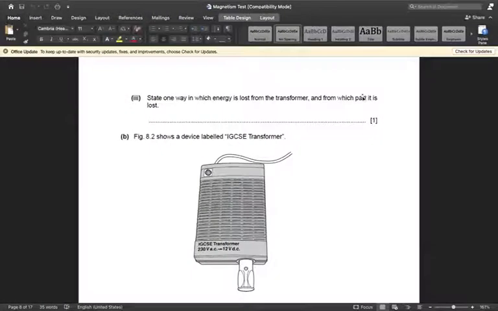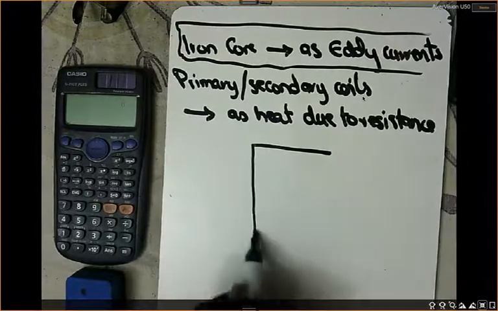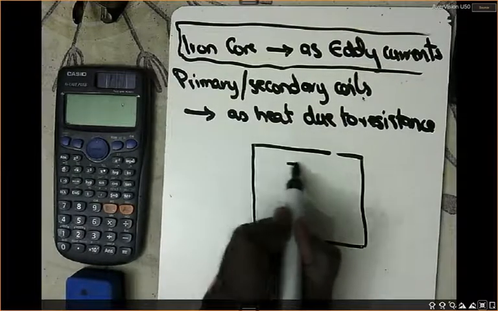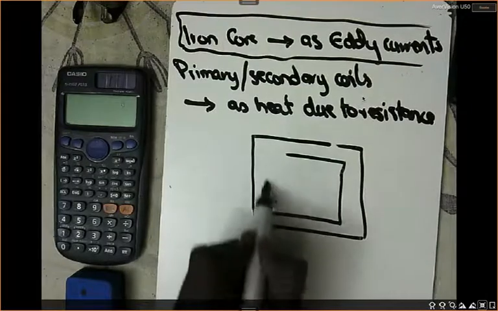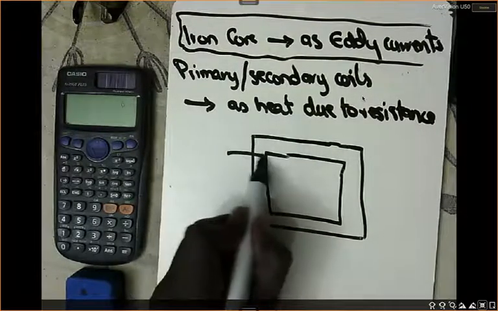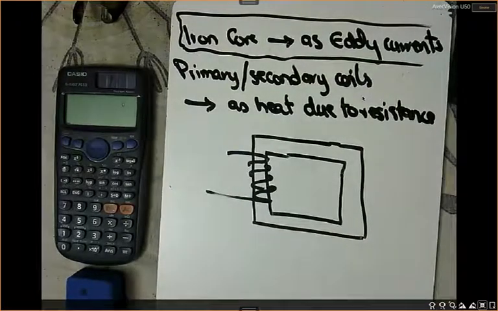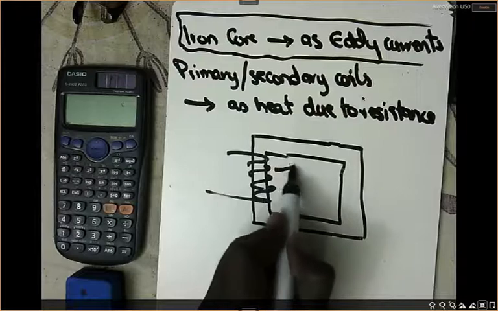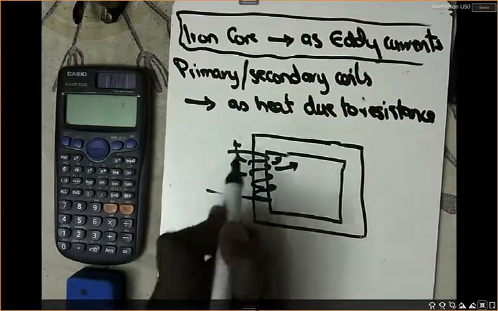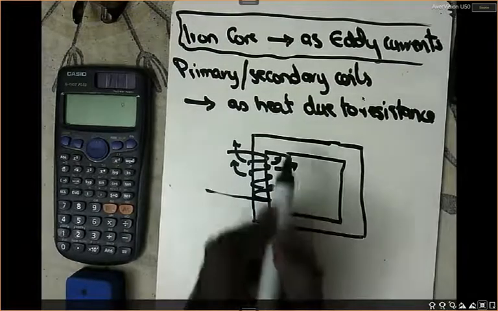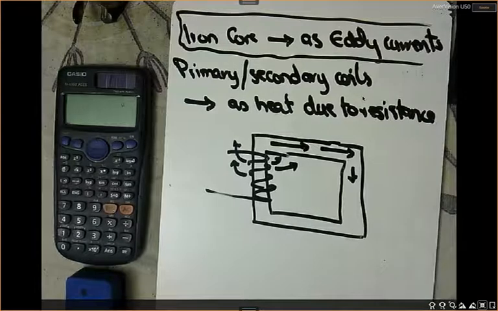An eddy current is when you have a transformer. This is your iron core here, and you have your primary coil. It produces a magnetic field, which is transmitted through the iron core, and then it's cut by the secondary coil, inducing an EMF.